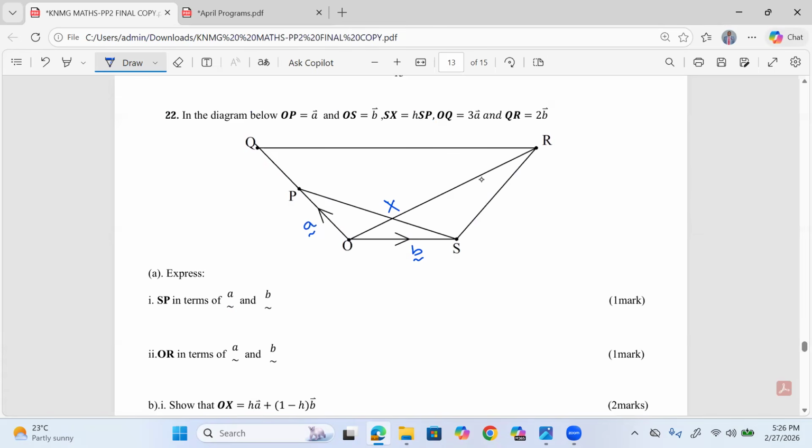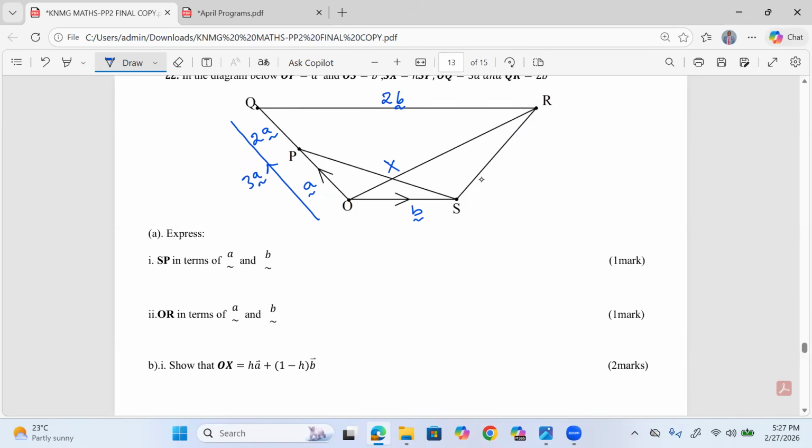OQ equals 3A, meaning that if this was A, then we have 2A like that. From P to Q is 2A, because O to Q is 3A, and already there is A up to P. Is what I mean. So that we have the whole of OQ becoming 3A. Then we need to talk about A and 2A, trying to interpret the instruction. Then 2B is QR, the value of B, like that.